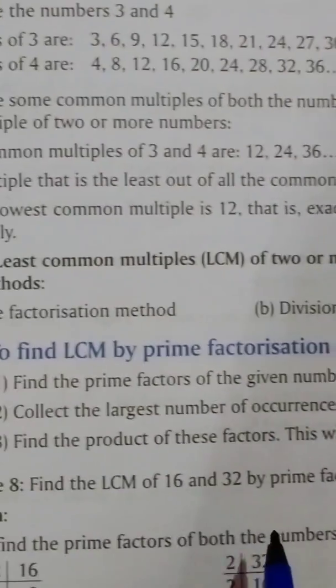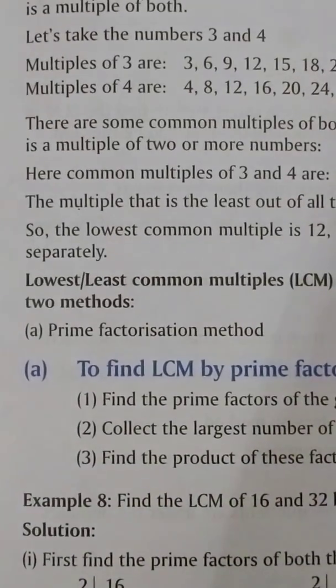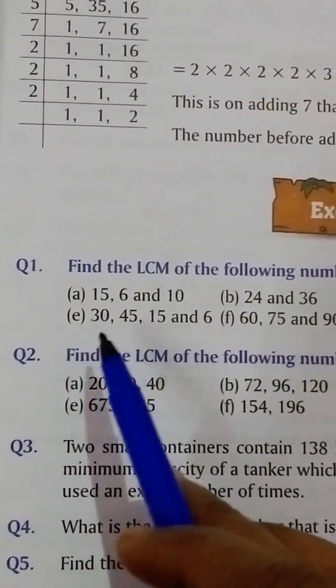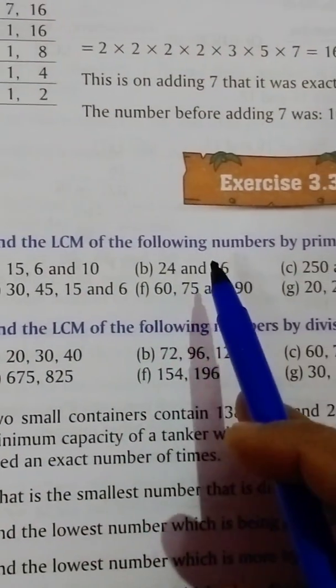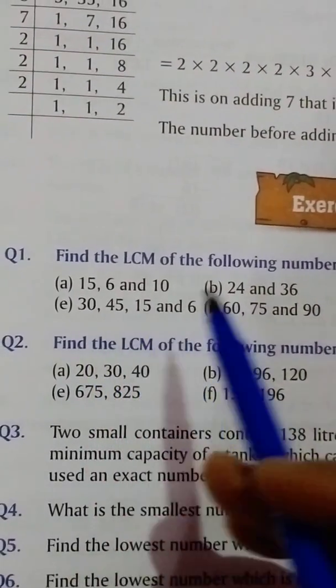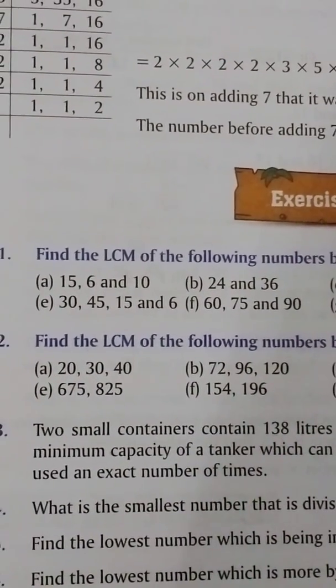Now I am going to explain through a question. Let's see Exercise 3.3, question number 1. Find the LCM of the following numbers by prime factorization method. I have taken the E part. Let's see how we have to solve.